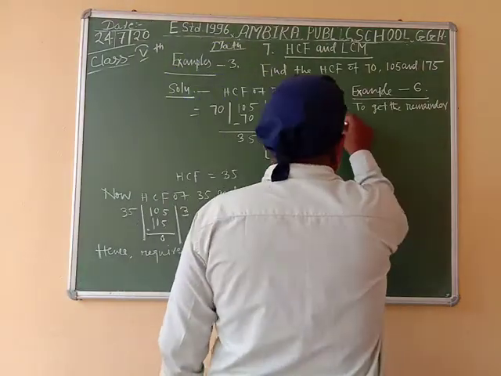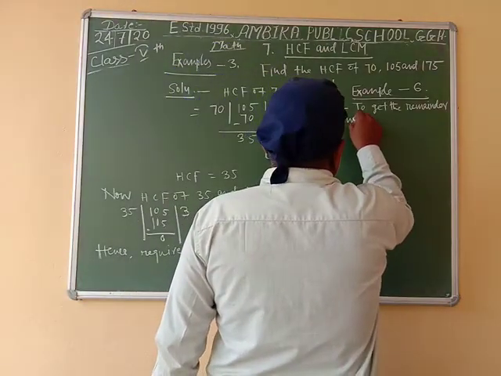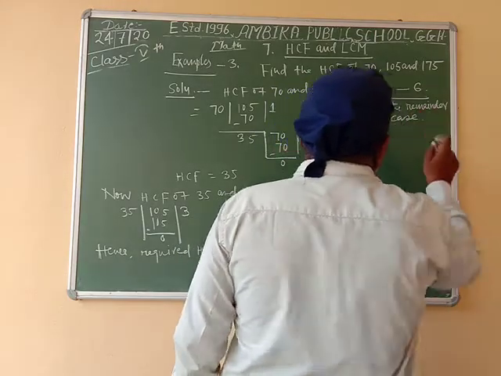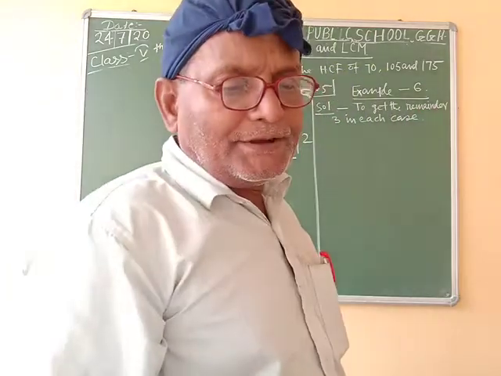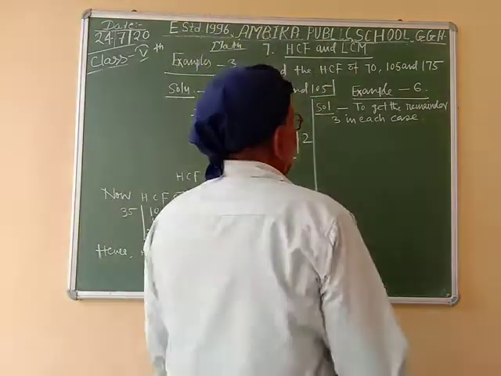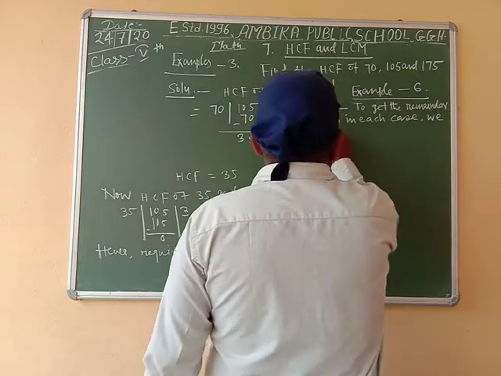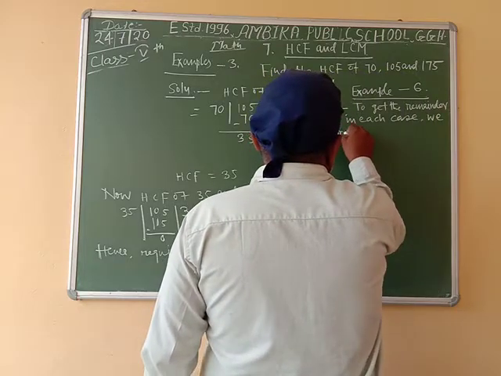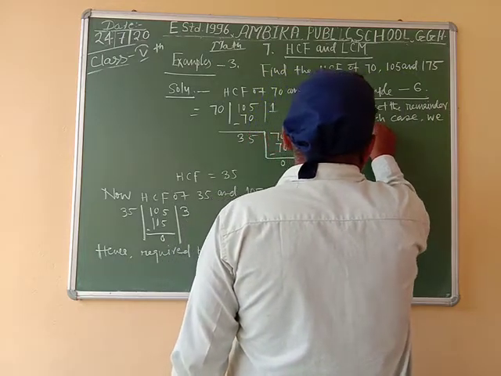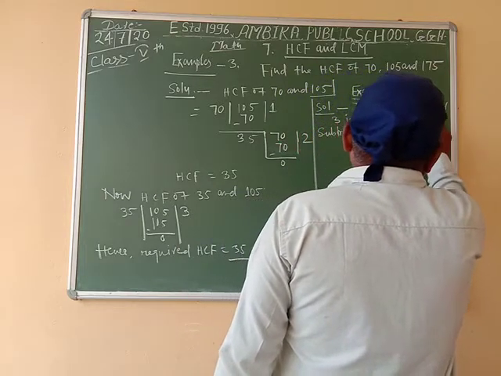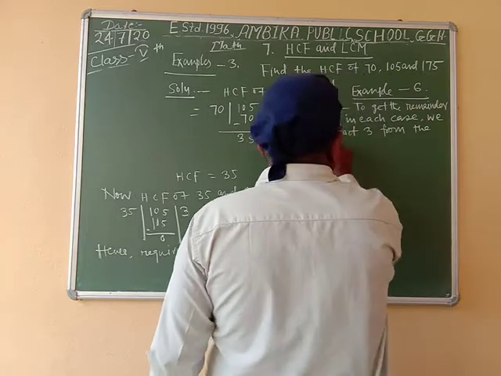To get the remainder 3 in each case, we subtract 3 from the given numbers.